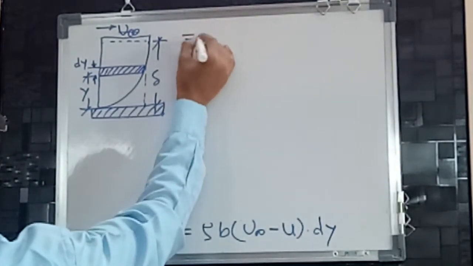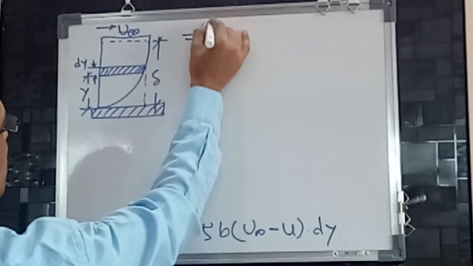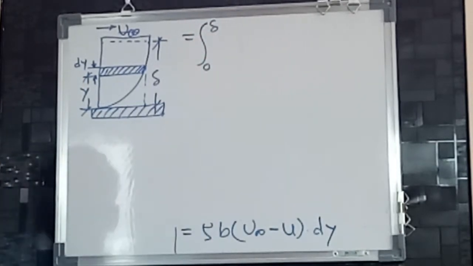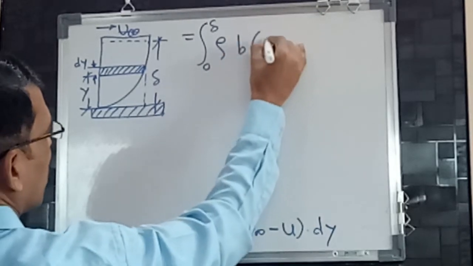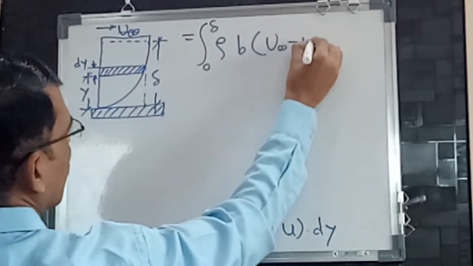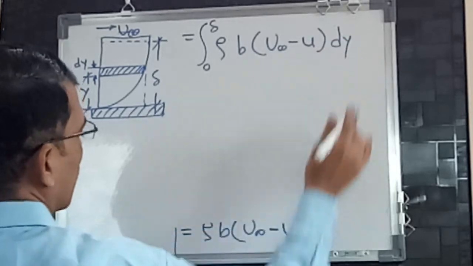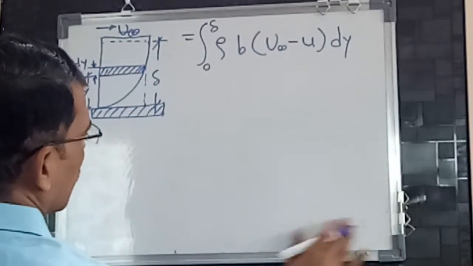Now see, integration 0 to delta, so here rho b u into du. Okay.